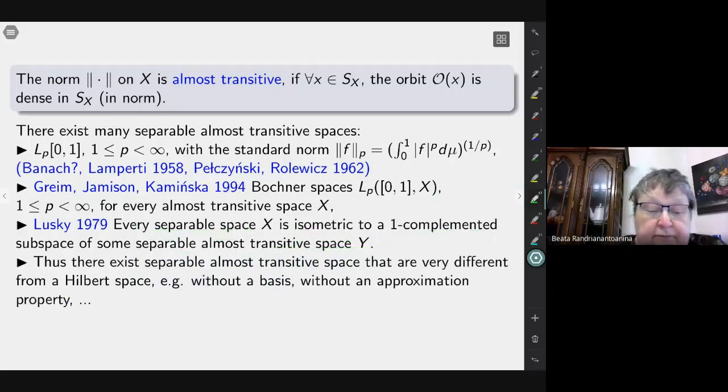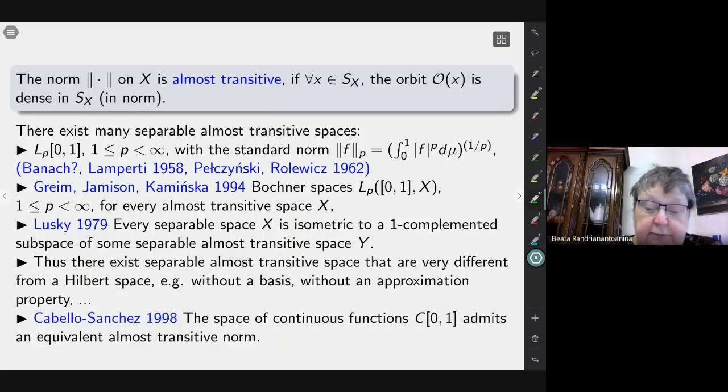And in particular, there has to exist spaces without a basis, without an approximation property, because such spaces have to be one-complemented in an almost transitive space.